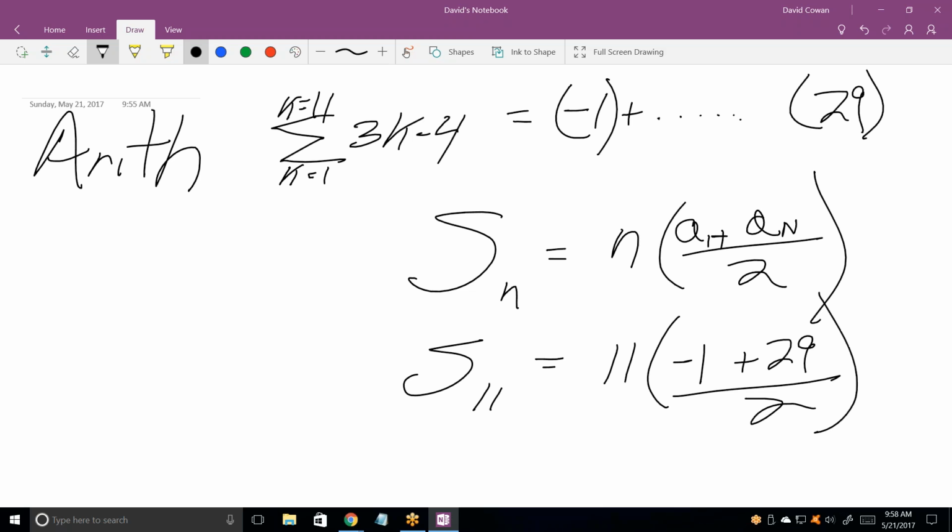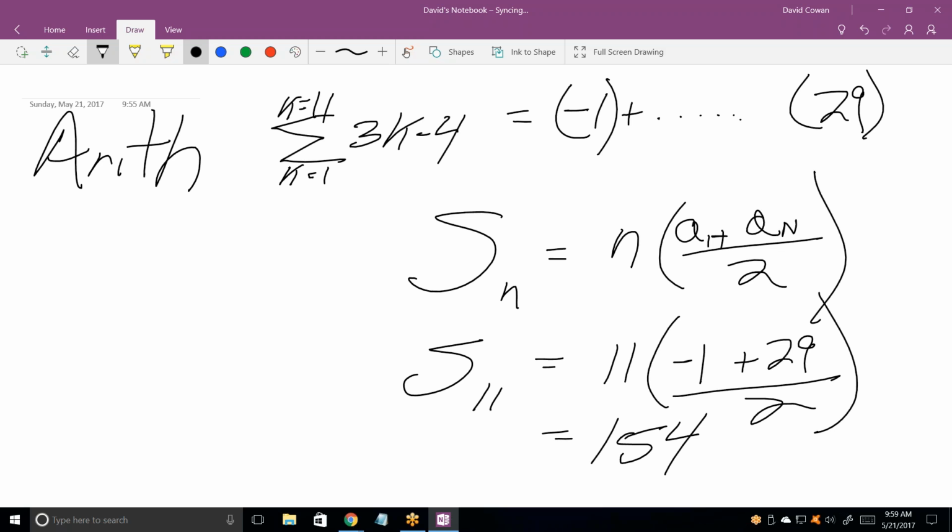So 28 over 2 is 14 times 11 is 154. Uh-huh. And clearly that's the faster way, to figure out the first term and the last term.